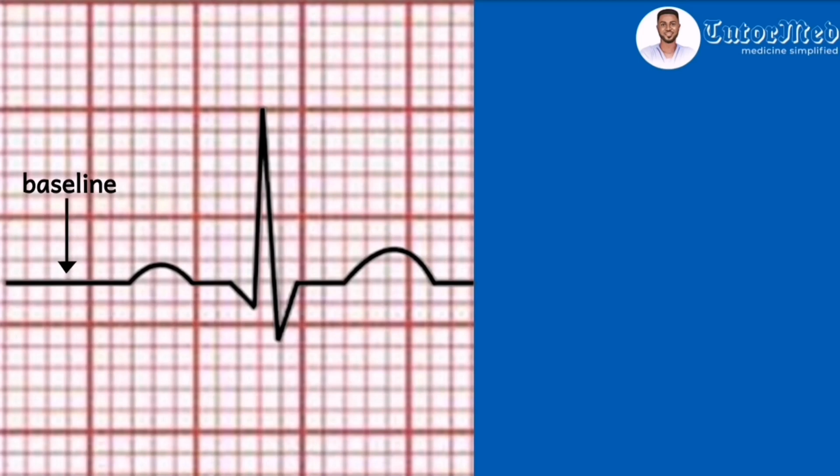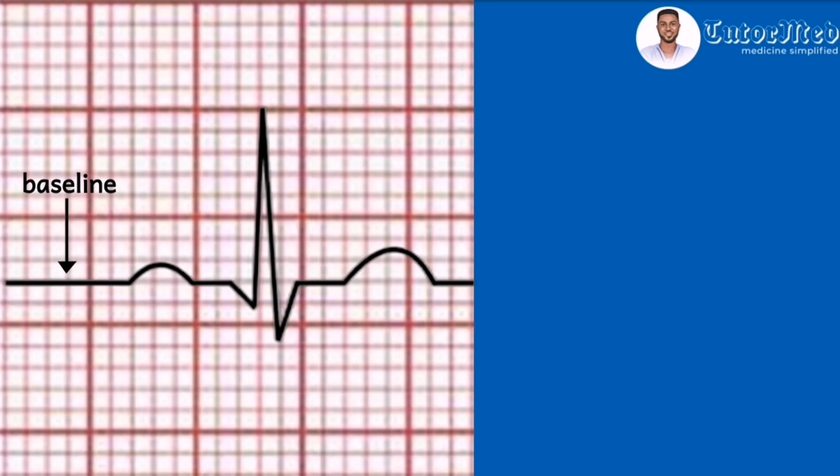For example, this is a wave because there is a deflection from the baseline and it returned to the baseline. And more importantly, it is a positive wave because the deflection was above the baseline. And this here is a negative wave because there was a deflection which returned to the baseline, and that deflection was below the baseline.